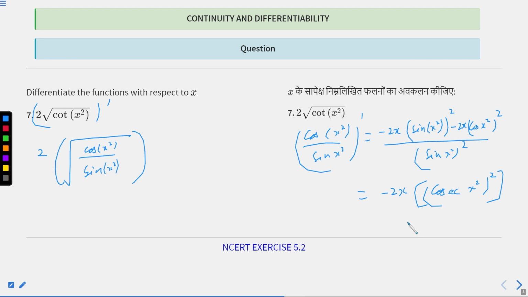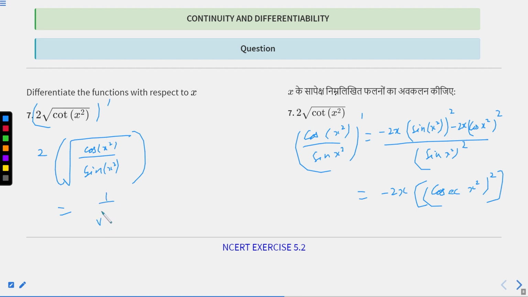I hope that it is clear. Now what will happen? One thing is very clear. Root x derivative will be 1 by 2, so the 2 will get cancelled.